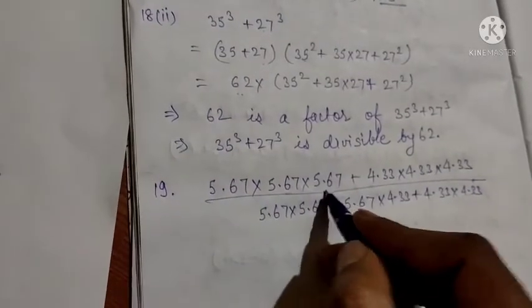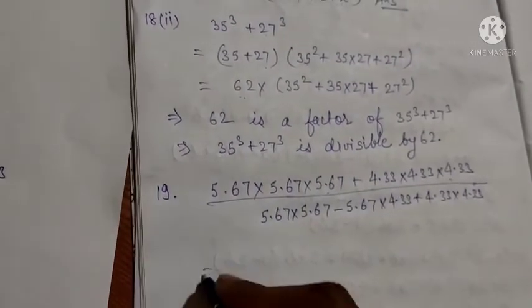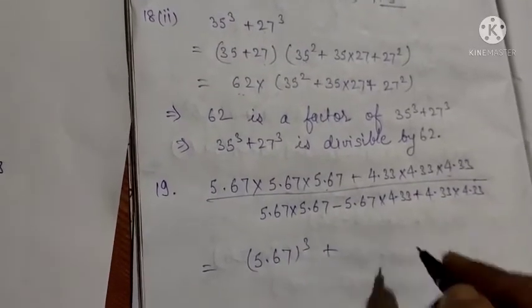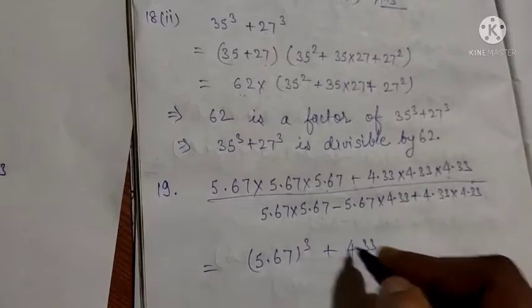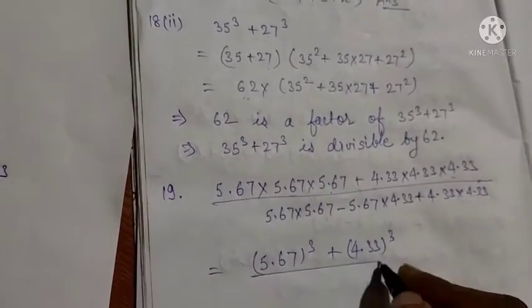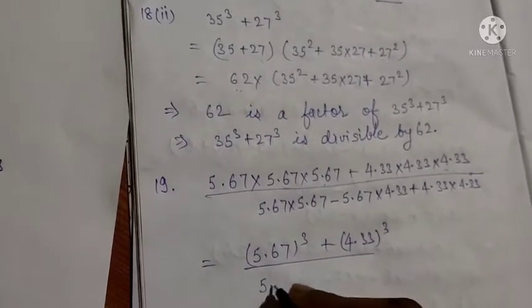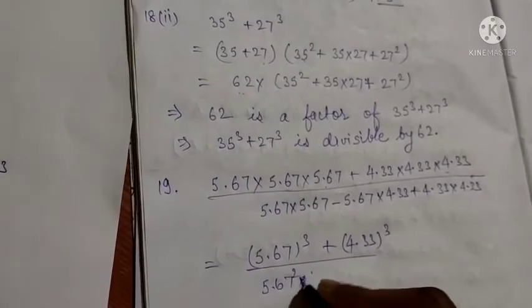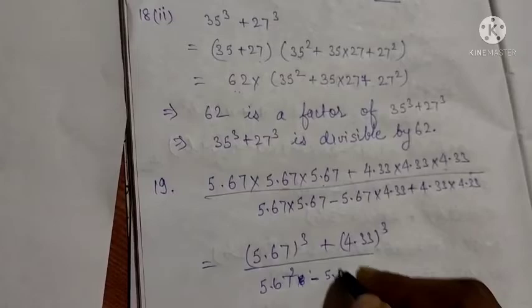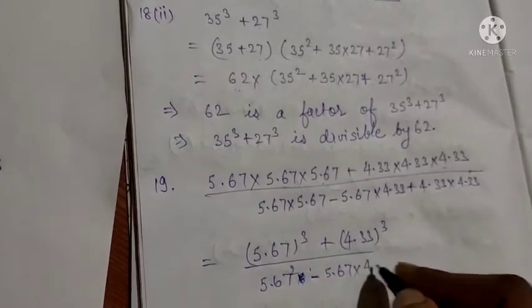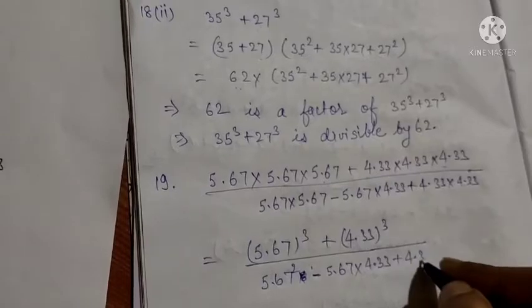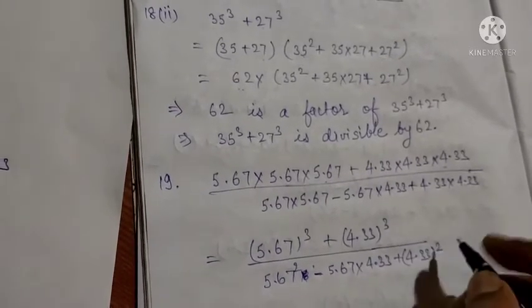Since it is in the form of a cube plus b cube, so we can write it as (5.67 whole cube plus 4.33 whole cube) by (5.67 square minus 5.67 into 4.33 plus 4.33 whole square).